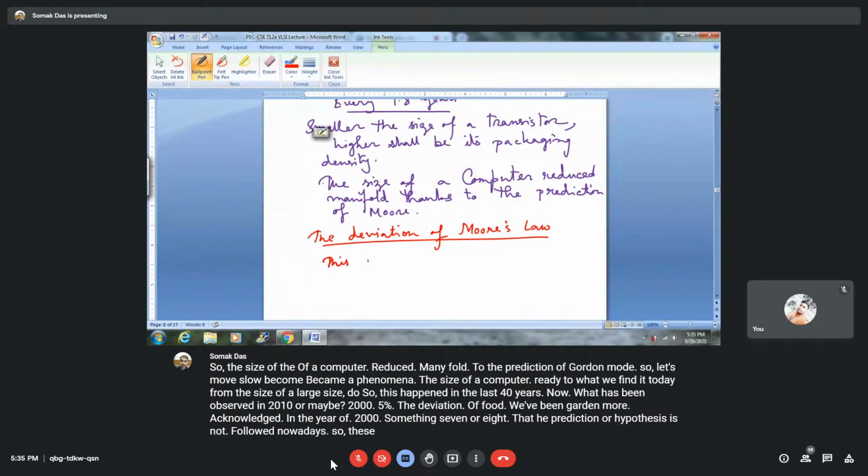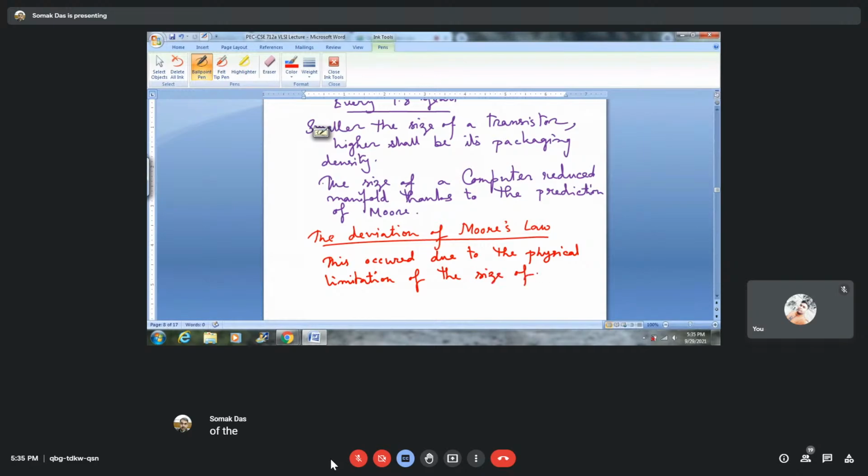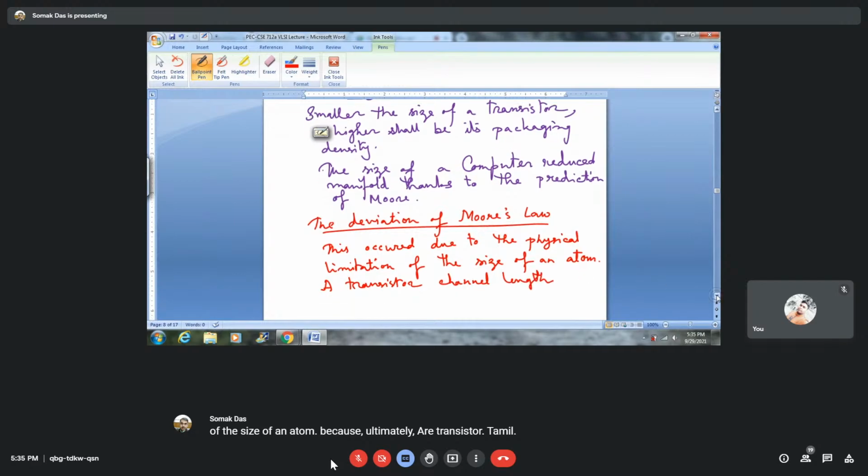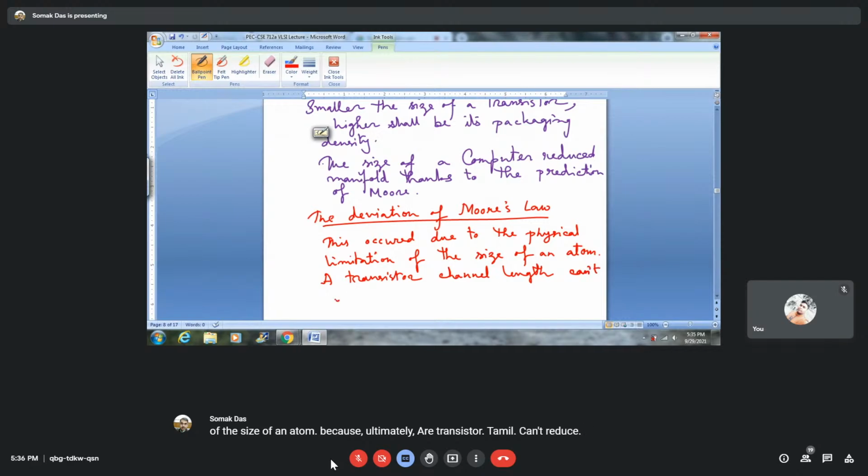This occurred due to the physical limitation of the size of an atom, because ultimately a transistor channel length can't reduce below the diameter of a hydrogen atom.